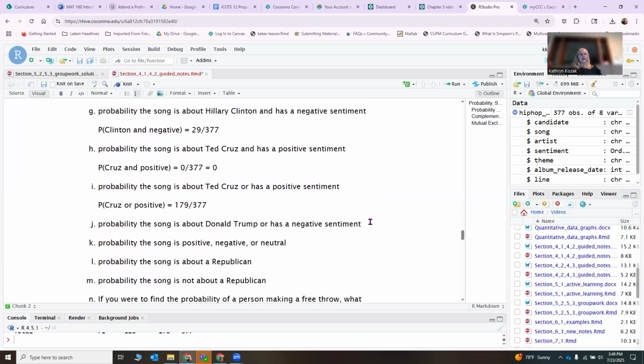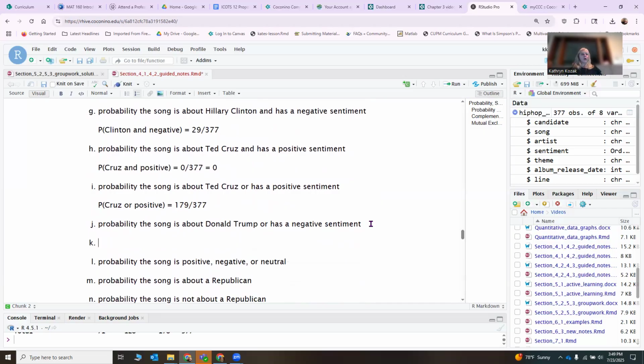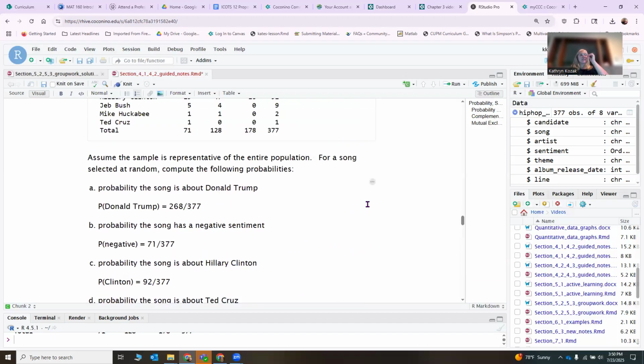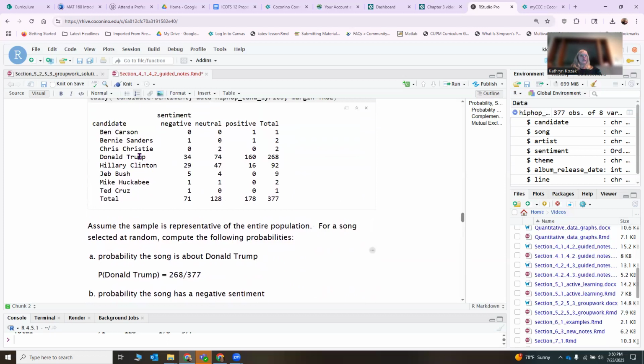So now we want to find the probability about Donald Trump or a negative sentiment. That means, again, one or the other or both. So coming back up to my contingency table, it's about Donald Trump. There were 268. It's negative. There were 71. But what just happened is I counted this one twice. So if you think about it, you can add all of these up and then add up these two left.